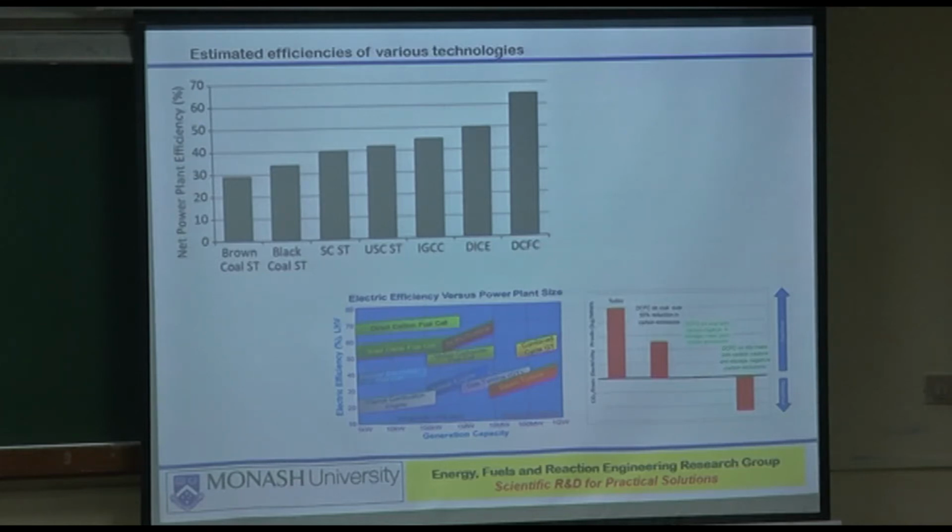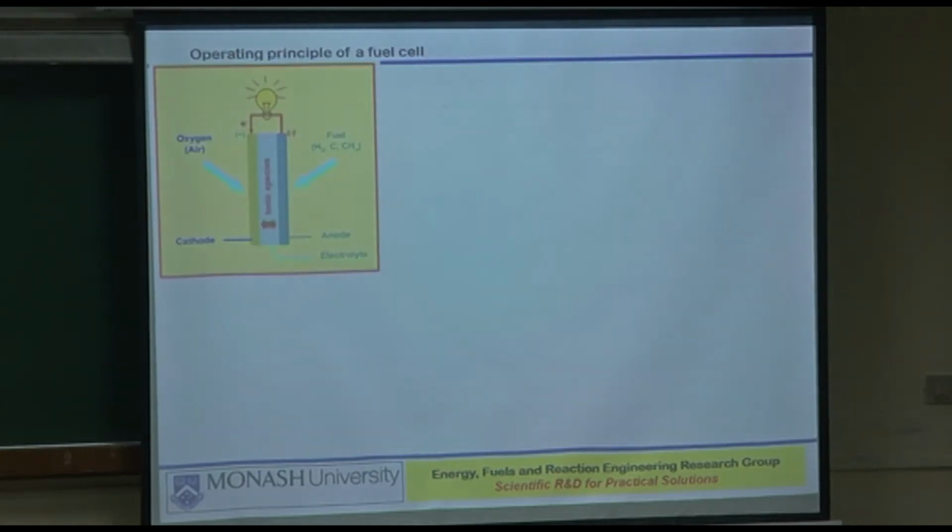So before we go to the DCFC, let's go to the next slide as to what's the operating principle of a fuel cell. The operating principle of a fuel cell is something that we have known from our school: we have an electrolyte somewhere in the middle, then the anode on one side and the cathode on the other side. Oxygen is fed from the cathode side, while the fuel, whatever it is, solid, gaseous or liquid, is fed from the anode side.